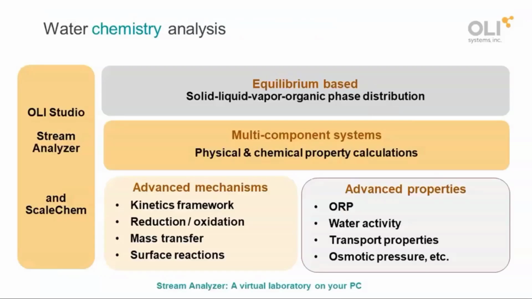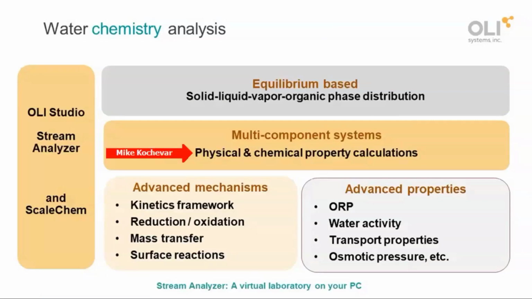So when we look at OLI Studio and all of OLI's tools, we do equilibrium-based solutions in 4 phases. So solid, liquid, vapor, inorganic. Usually, the second liquid phase we typically assume is an organic phase. And we're going to calculate speciation across the phases, and then physical and chemical properties of the system that you've defined.